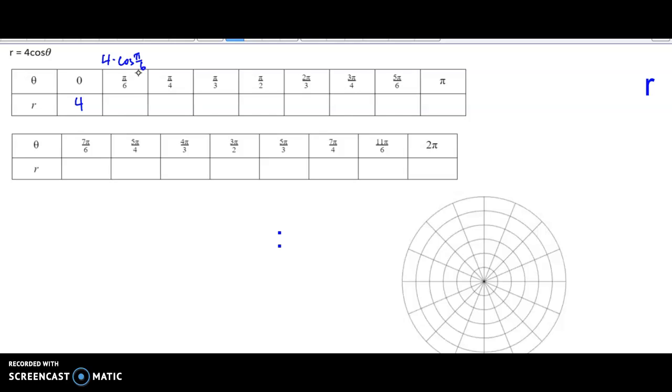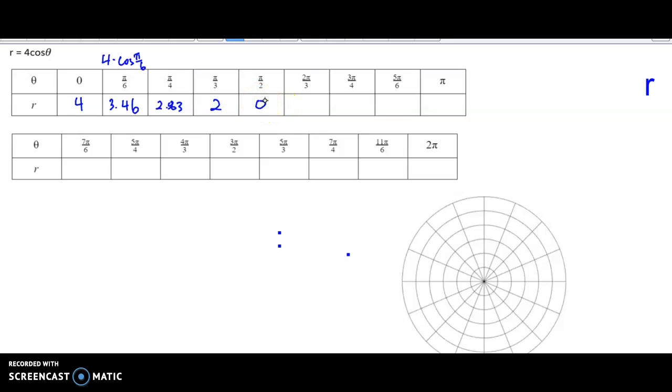Using decimals, that comes out to 3.46. For pi over 4, that comes out to 2.83. For pi over 3, you get 2. For pi over 2, you get 0.